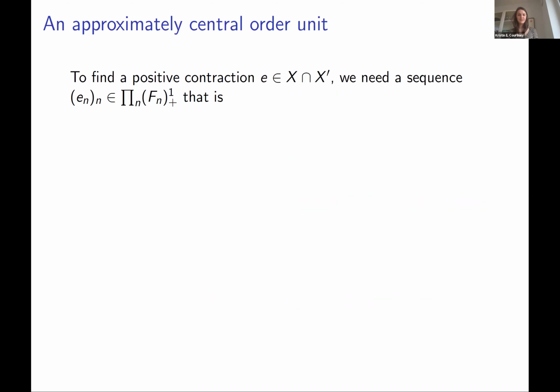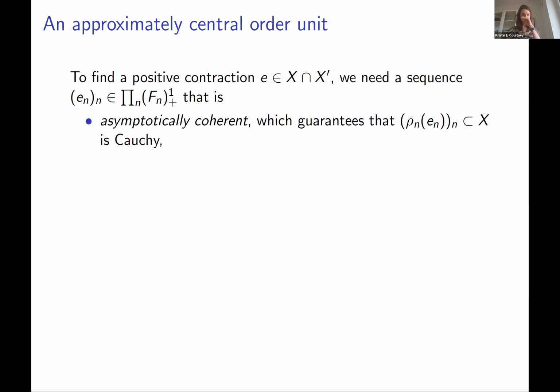Okay, so first step, to find a positive contraction E that lands in X and also commutes with X, we're going to look for a sequence of positive contractions in the product of the F_n's that is asymptotically coherent. Without bogging everyone down with a lot of technical definitions all at once, let me give you a feel for what I want to get out of these definitions.